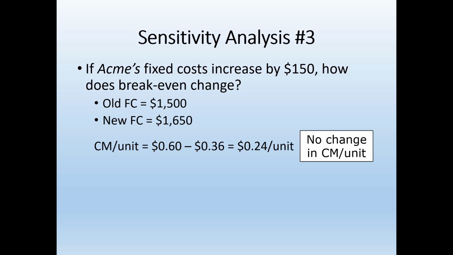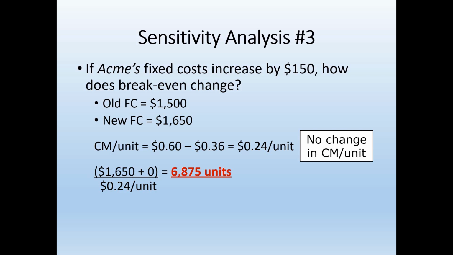Let's plug that information into our formula for break even. Here, our contribution margin per unit is still 24 cents, but we're going to need to sell more units in order to cover the higher fixed cost.